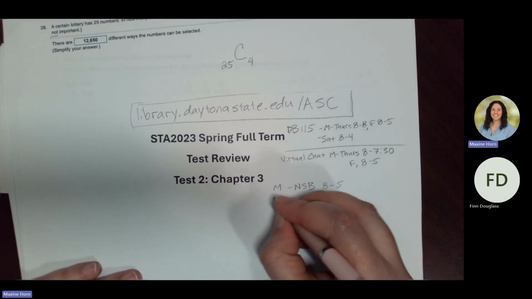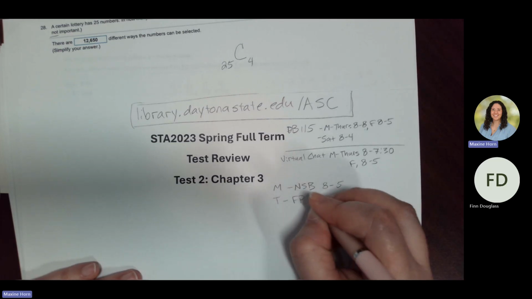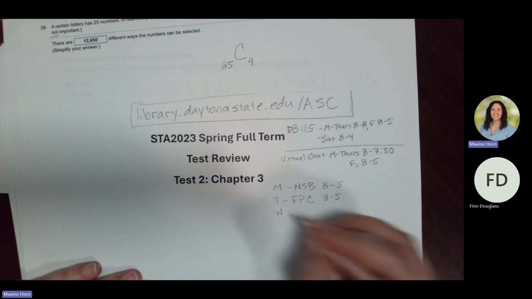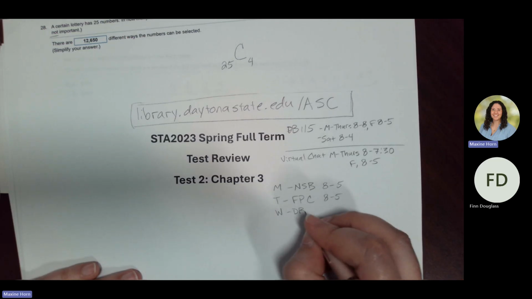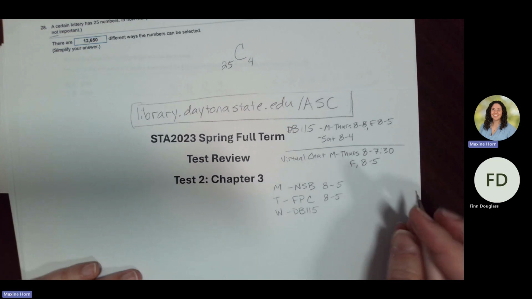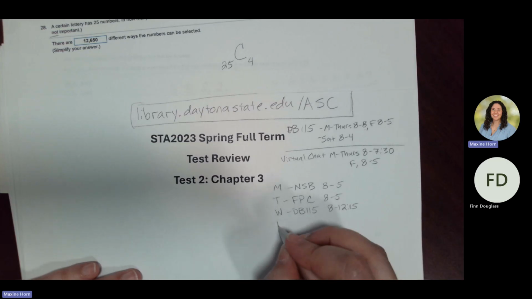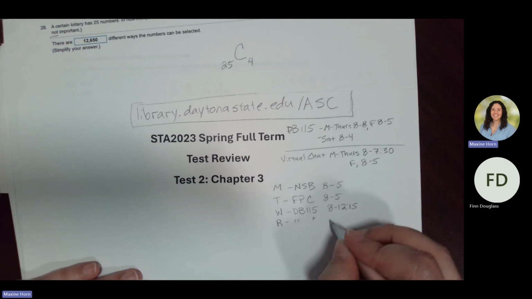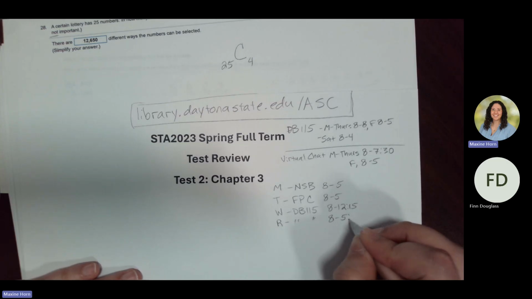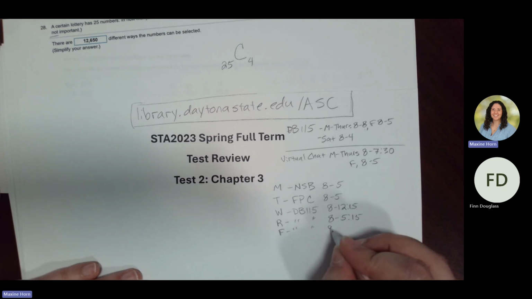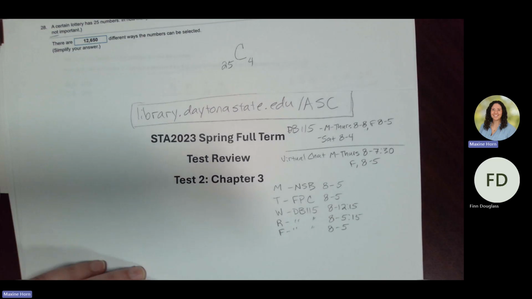And then Tuesdays, I'm in Flagler Palm Coast, also 8 to 5. And then Wednesdays, I'm in Daytona at the 115 ASC up until 12:15. That's my short day. And then Thursday, I'm again in 115 until 5:15. And then Friday, I'm again in Daytona until 5 p.m.